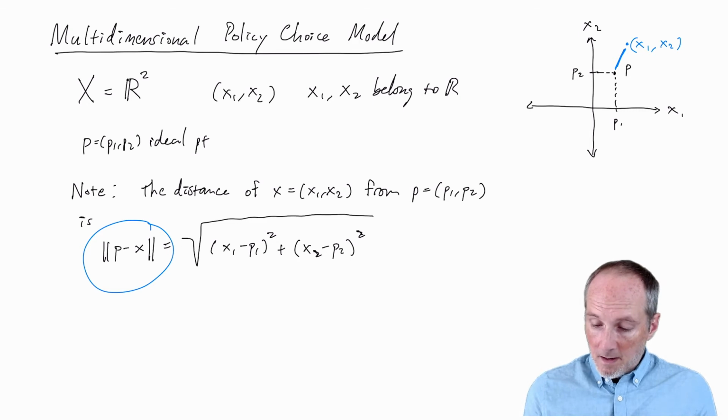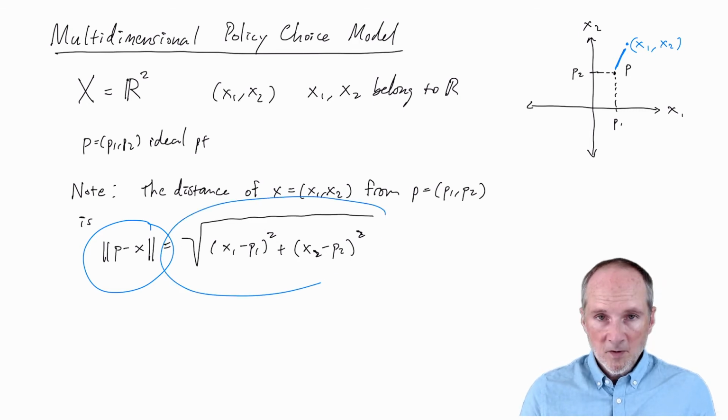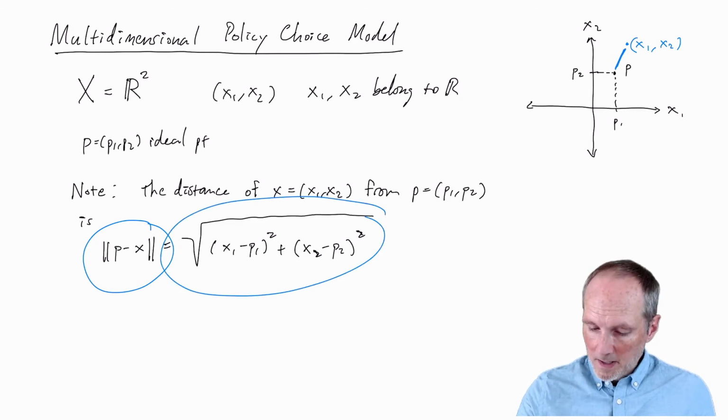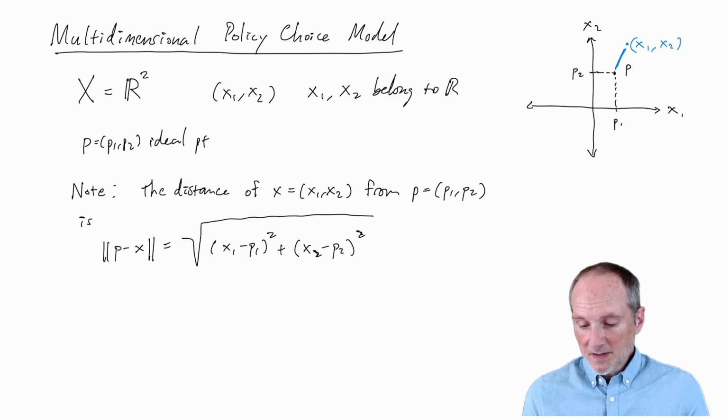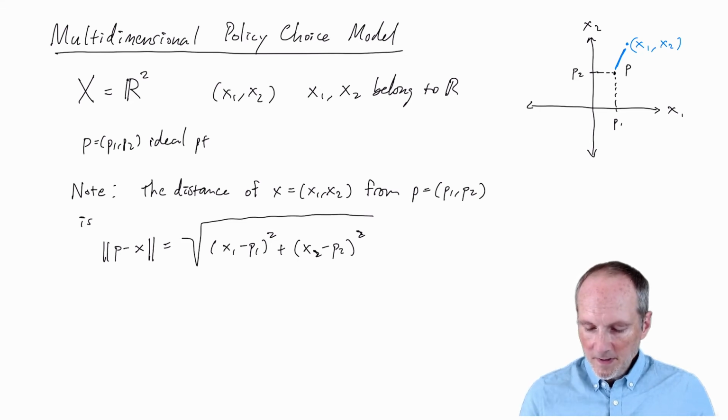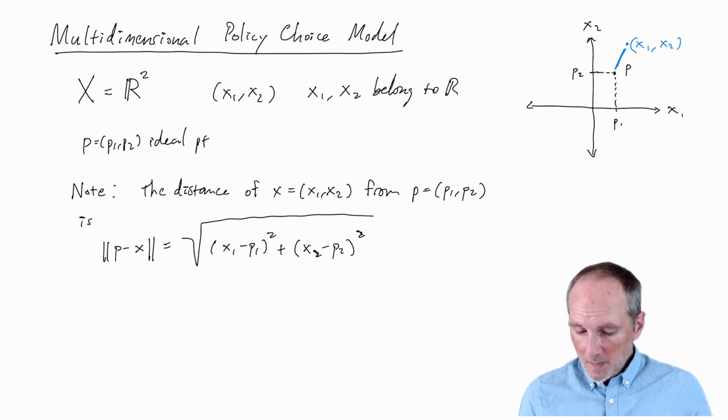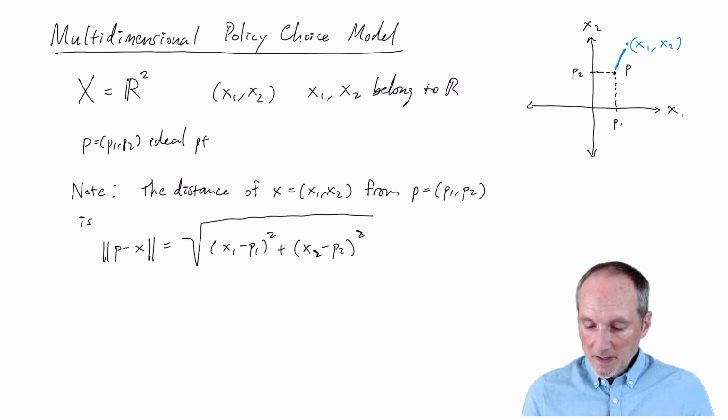And it's defined by this formula here. Okay. We could spend a lot of time on this, but really, this is just a special case of the Pythagorean theorem. I won't go into that, but there's nothing magical about this formula. That's just how we measure distance between two points on the Cartesian plane.